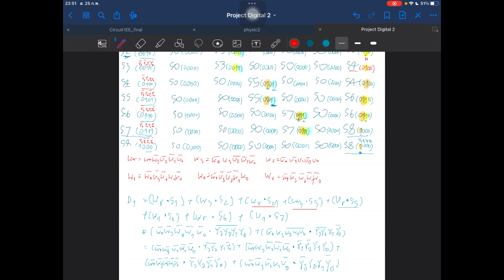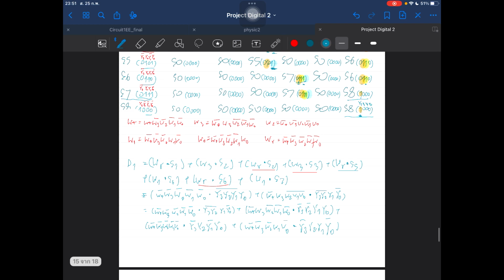Then go to the next equation. This equation is WR and state 6. Okay, then the last equation of D1.